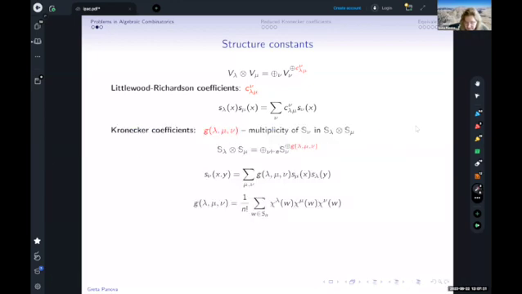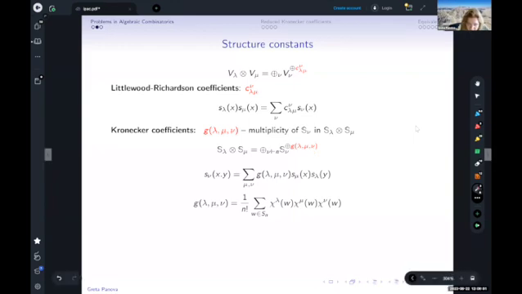In particular, we next can define the analogous multiplicities for the symmetric group representations. If we take the tensor product of two Specht modules, so these are symmetric group representations, we get a representation of the same symmetric group. We can decompose it into irreducibles mu with some multiplicity, which by the algebraic representation theoretic definition are going to be non-negative integers.